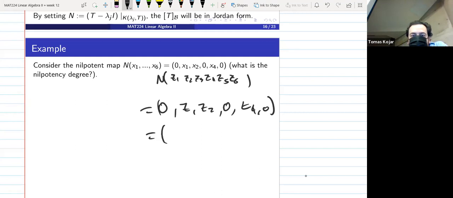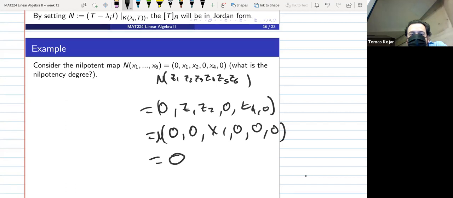And then you do it once more, and you just get 0. So degree is 3. What? Oh, 2. Sorry, it's 2, right? Or do I have to do it again? Okay, let me check. I rushed it.